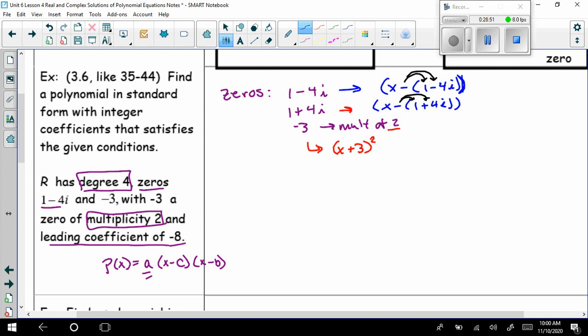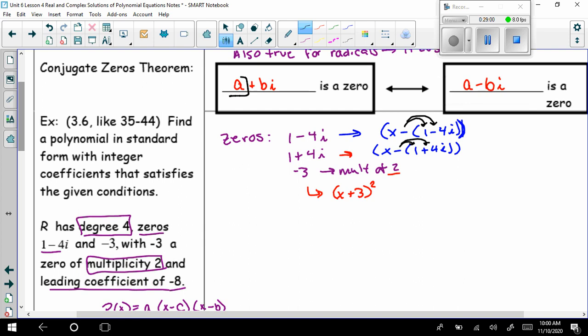And so we talked about that a little bit with our imaginary numbers, how we need to separate your real numbers and your imaginary numbers. Okay, so that makes this one then x minus 1 plus 4i, and that would be that factor.